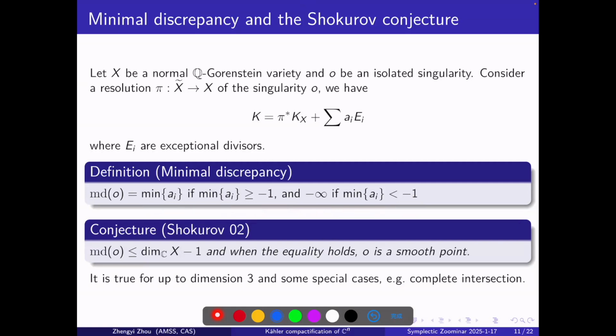It's not the original statement of the conjecture, but this is a corollary of his conjecture, which says the minimum discrepancy of an isolated singularity will be smaller than or equal to complex dimension minus 1. And this is the minimum discrepancy of a smooth point. And when the equality holds, this O cannot be a singularity. And it is true up to dimension 3 and some special cases, for example, if your singularity is a complete intersection.